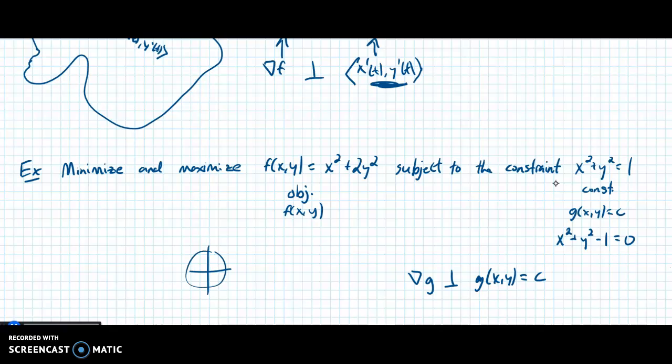Let me just go out to root 2 over 2, root 2 over 2. What's del g? It's 2x comma 2y, right? And what do we know? Well, that's going to point out at a 45-degree angle from the origin, which is going to be perpendicular at that root 2 over 2 spot. So del g is always going to be perpendicular to the constraint.